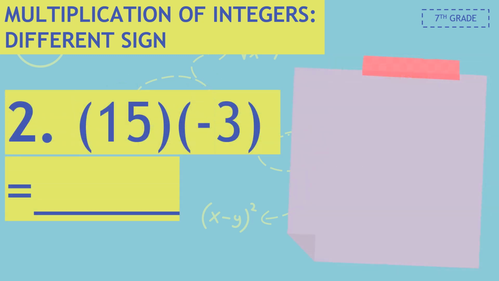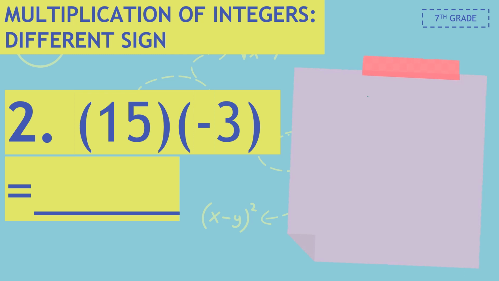Okay, number 2. So this time the first integer is positive while the second integer is negative. Okay, so different sign pa din sila. So since here, the first given is already 2-digit, we are going to solve it manually without the use of multiplication table.